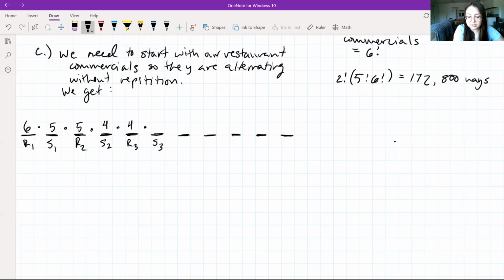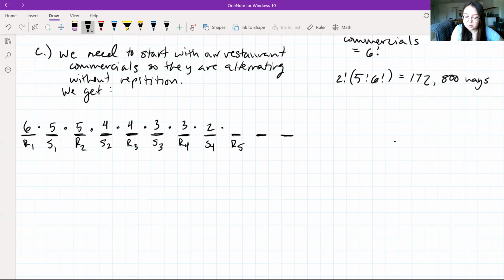For our third store slot, we already chose 2 out of our 5, so we have 3 options. For our fourth restaurant slot, we already chose 3 of our 6, so we have 3 options left. For our fourth store slot, we already chose 3 out of our 5, so we have 2 store options.